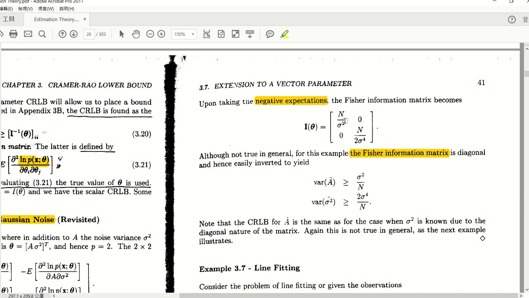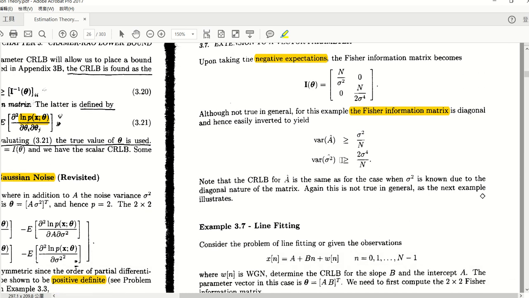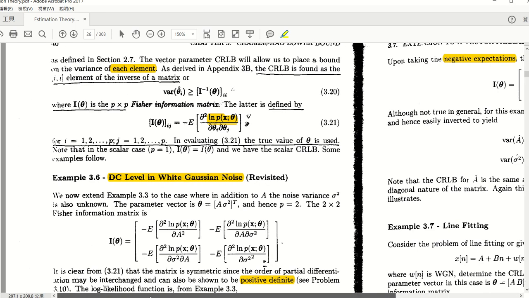So 1 over sigma square becomes, reversed, sigma square over n. And n over 2 sigma to the 4, reversed, becomes 2 sigma to the 4 over n. So variance of this is this, variance of this is this. Then we're happy. You get a vector version.